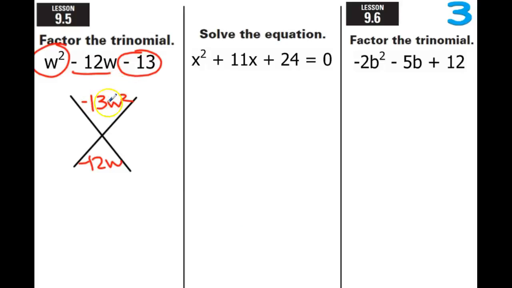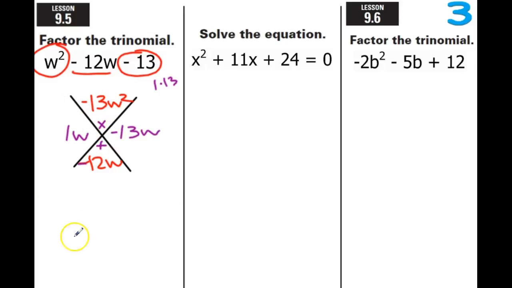So we need to think, what two numbers multiply to get 13, but add to get 12? Well, the only two numbers that multiply to get 13 are 1 and 13. So if we need negatives overall, the 13 has to be negative because 1 minus 13 will give you negative 12.